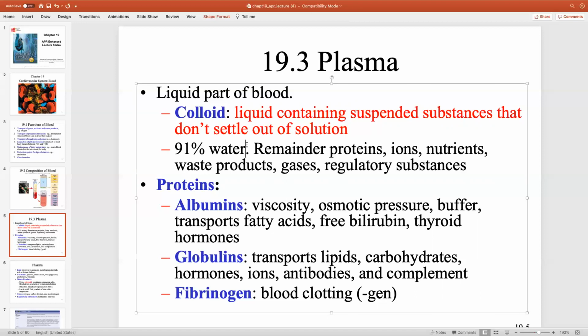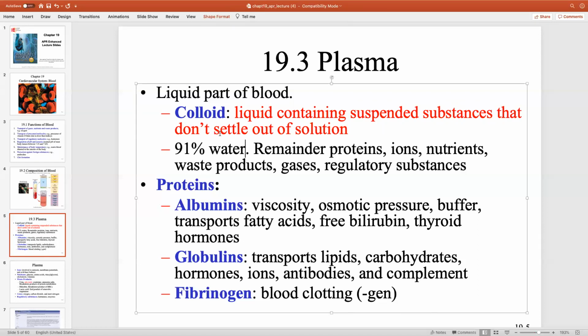Now, oppose that to something like freshly squeezed orange juice. With freshly squeezed orange juice, if you let it sit for a while, all the pulp goes to the bottom. That's different than a colloid. A colloid should never have to be mixed.